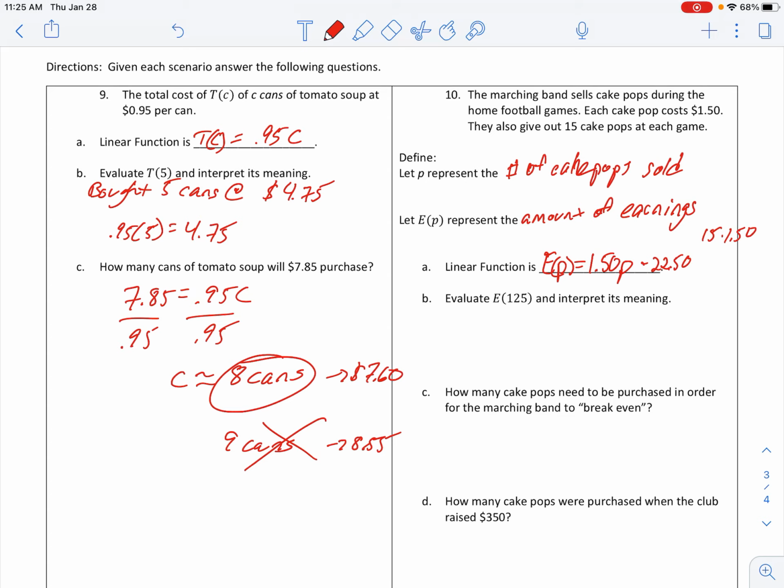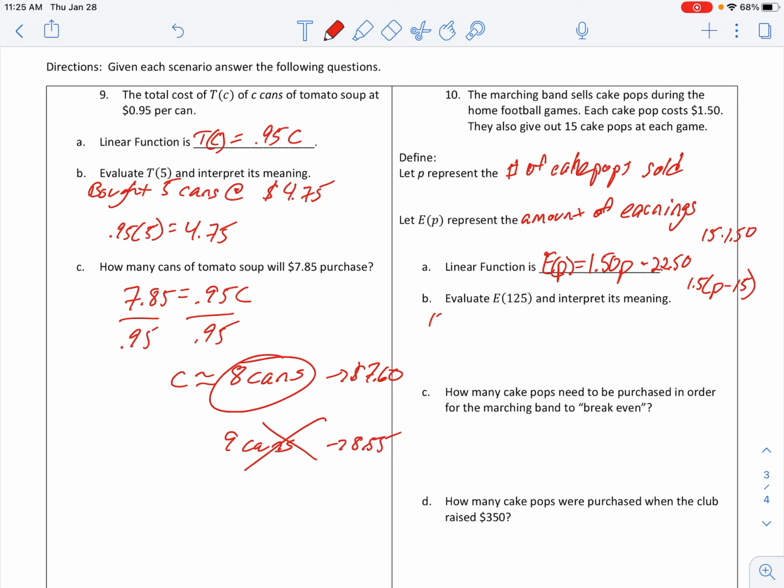Now, it can be written like this, or you could see it in factored form, written as 1.5 times P minus 15, losing those 15 cake pops. I'd be fine with either one.